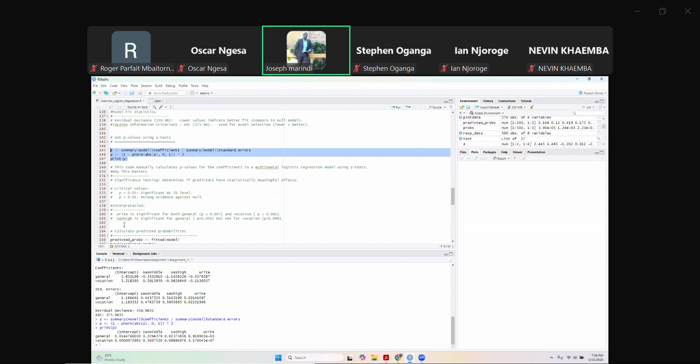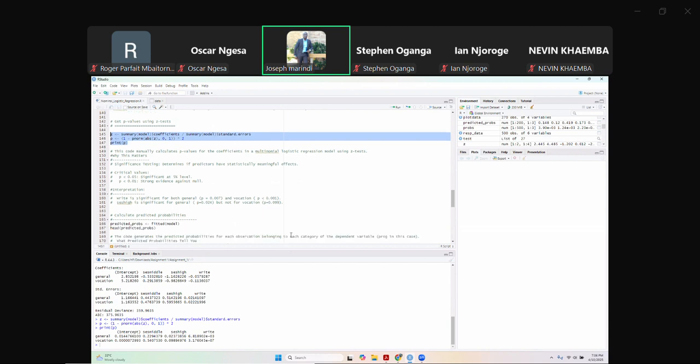The socioeconomic status high, meaning the people from the high socioeconomic status, the variable there is significant for the general courses, whereby we have a p of 0.024, but it's not significant for vocation, whereby we have a p-value of 0.099.